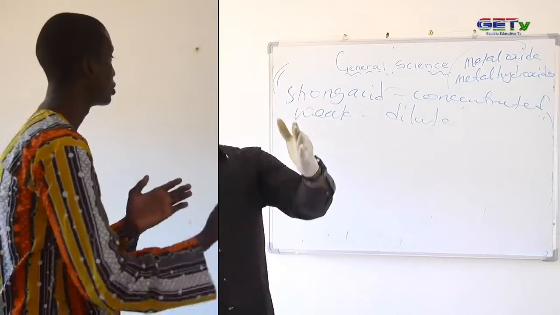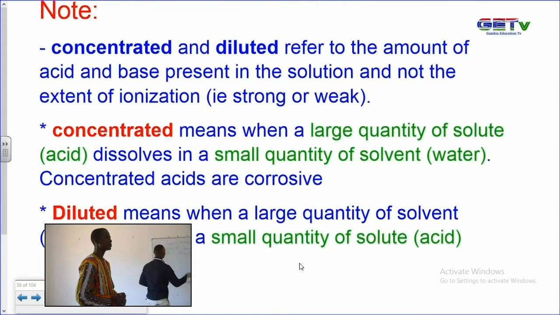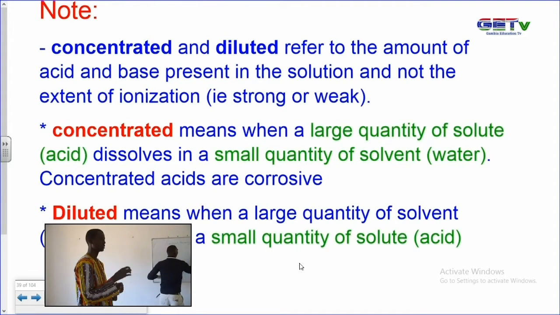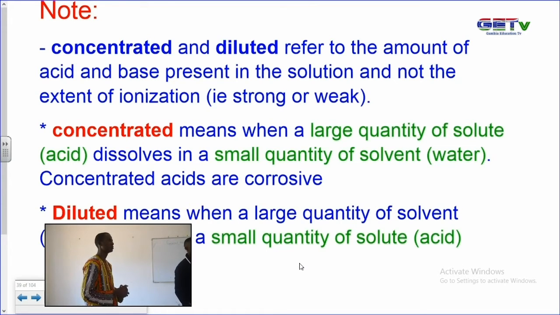Now let's say concentrated and dilute refer to the amount of what? Acid and base present in the solution, and not the extent of ionization, that is strong or weak, please. So don't confuse that. Concentrated and dilute are terms used to refer to the amount of acid present in the solution, and not to the extent of ionization, that is to say whether it's a strong or weak acid.